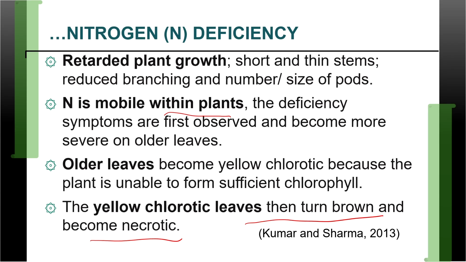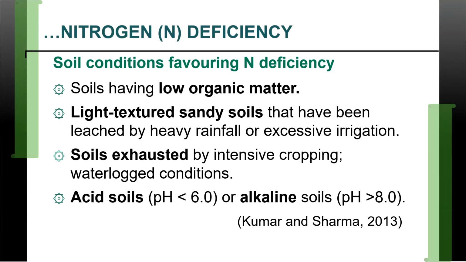Necrosis here means the death of the tissues. What are the soil conditions where you will find these nitrogen deficiency symptoms more common than other conditions? Soils low in organic matter will show nitrogen deficiency, because more than 90% of the nitrogen in soil is in organic form.